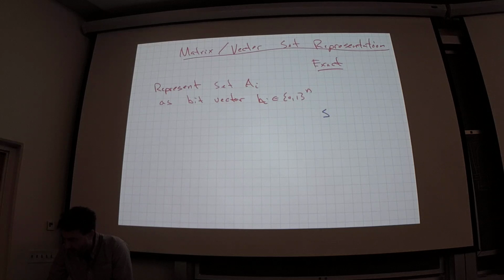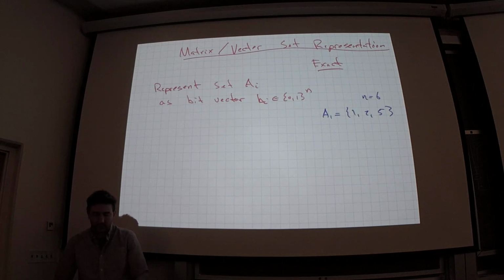Say A1 is going to be {1, 2, 5}, and let's say in this case n is equal to 6, so it goes from 1 up to 6.